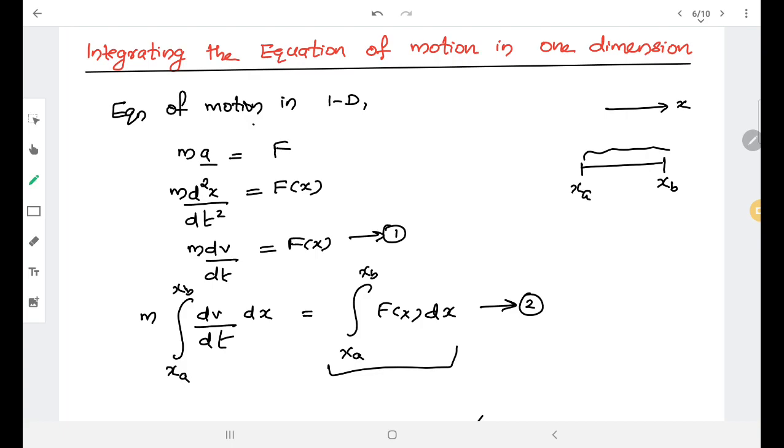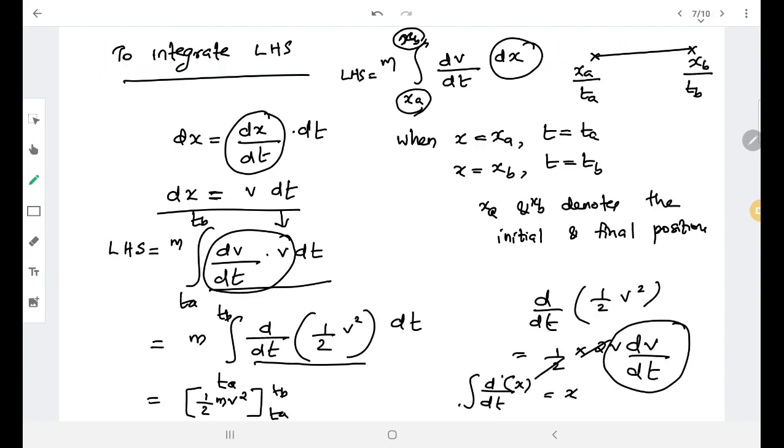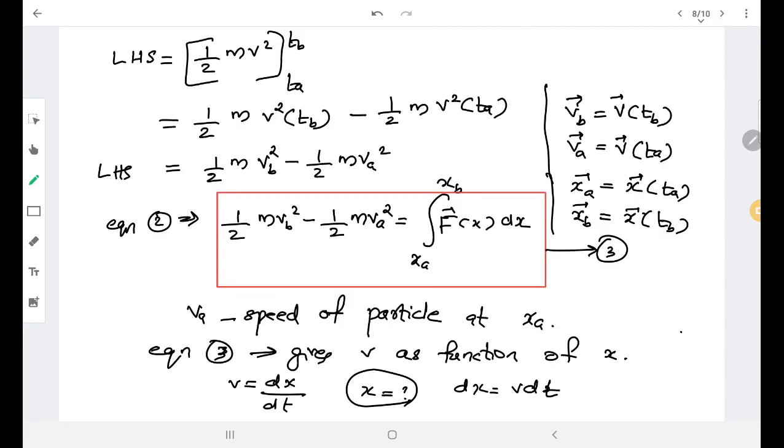Now we give the upper and lower limits, and the challenge is to integrate the LHS part. For that we use a trick: we represent the position in terms of velocity, and we have integrated the expression and found the general expression for equation of motion in one dimension.